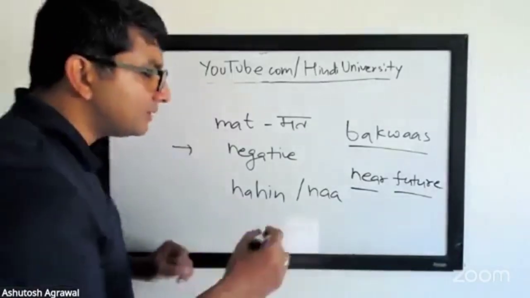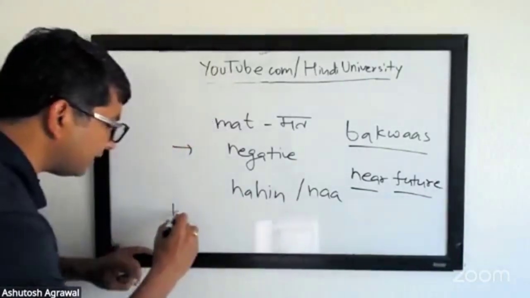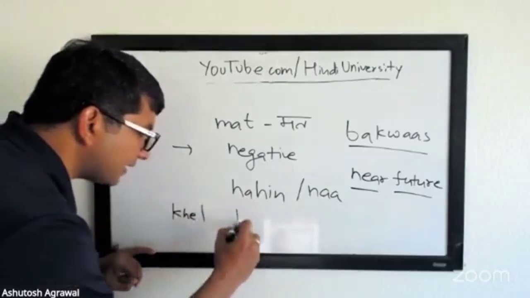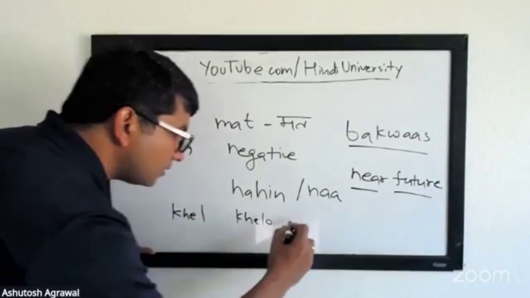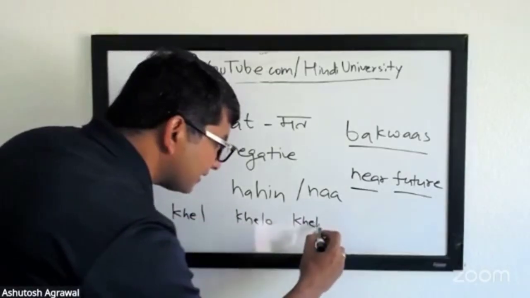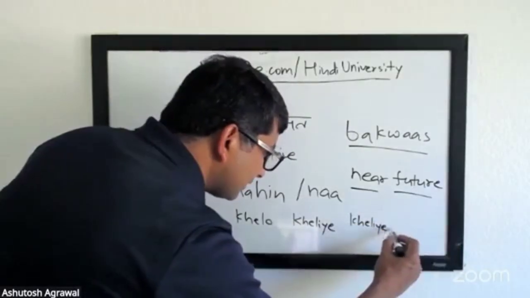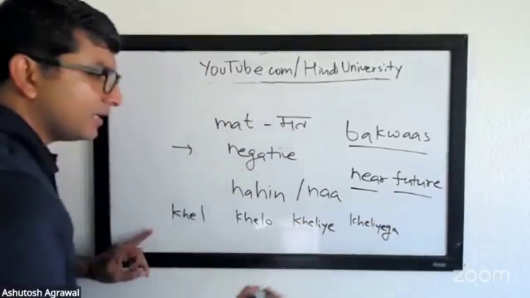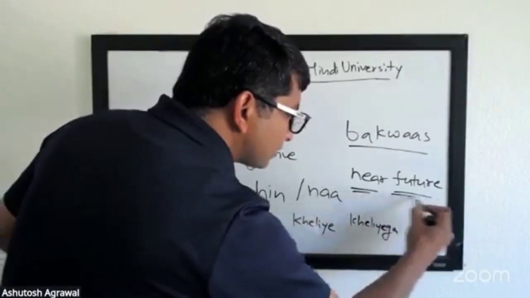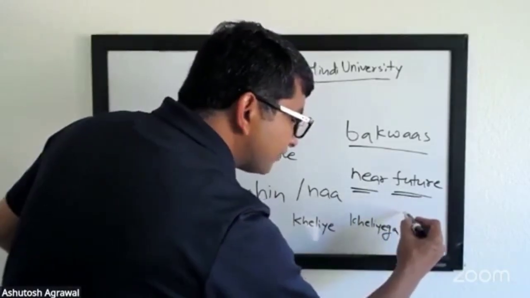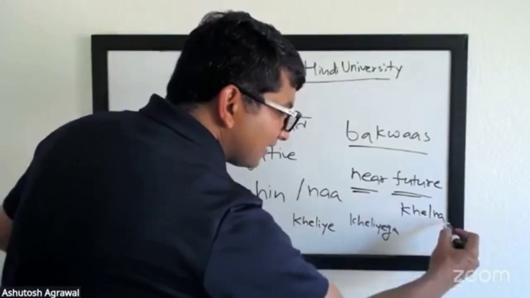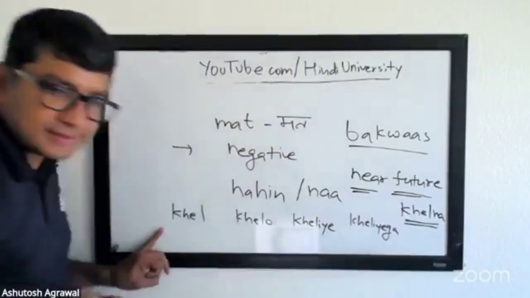For example, we did khel, khelo, kheliye, kheliega. If I want to tell someone to do something in the near future, what is the infinitive form here? Khelna. So you can just use this as it is.